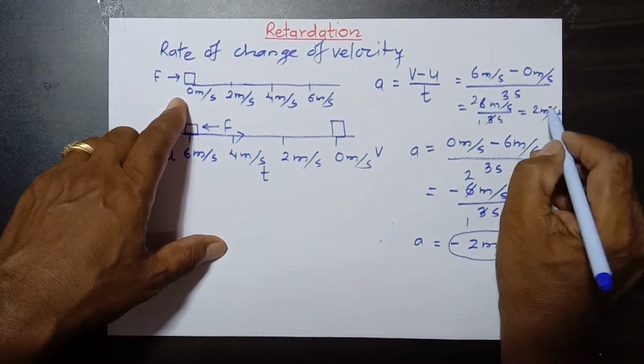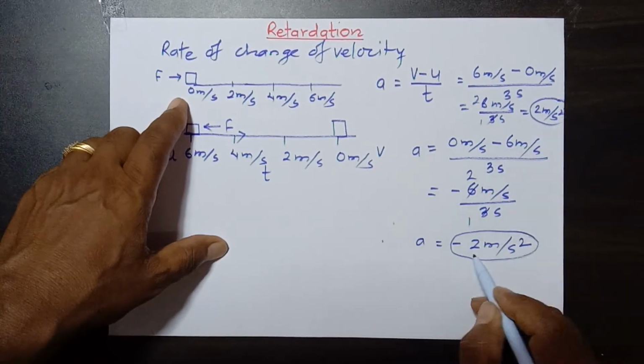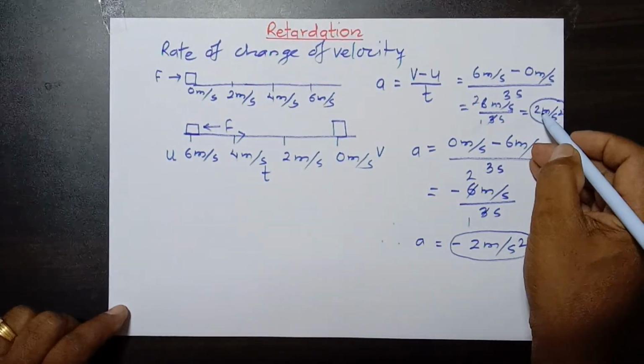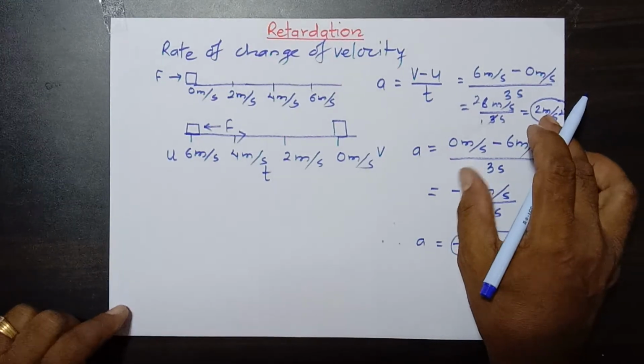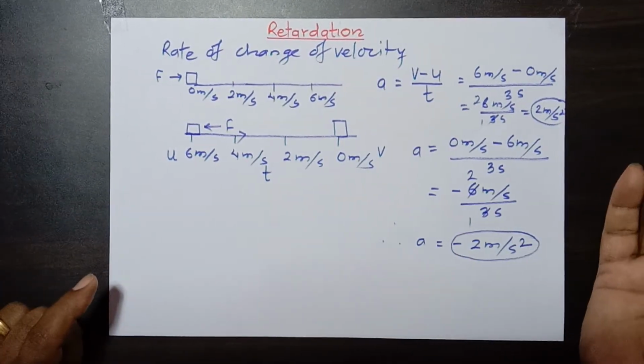The value is the same, but this is a positive value and the other is a negative value. This is positive acceleration; we'll say just acceleration only.